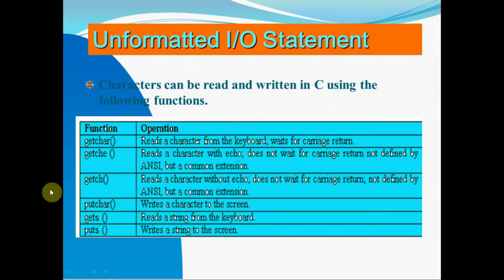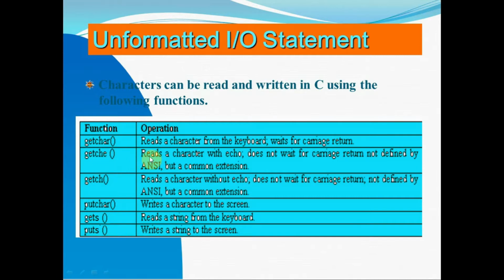The next one, unformatted input output statements. Characters can be read and written in C using the following functions: getchar, getche, getch, putchar, gets, then puts. So getchar reads a character from the keyboard, waits for carriage return.